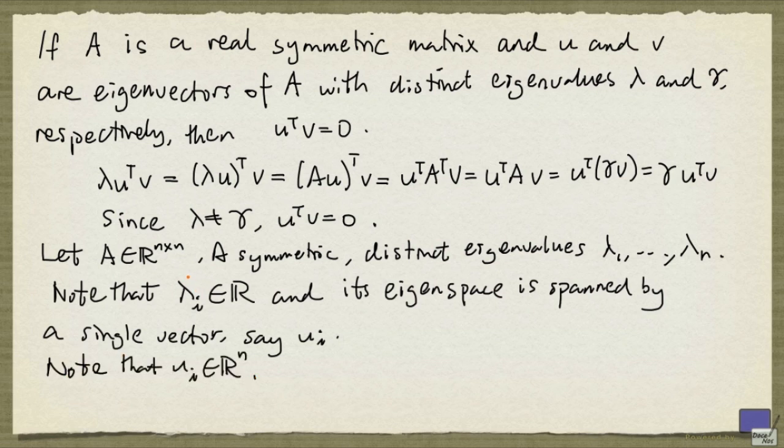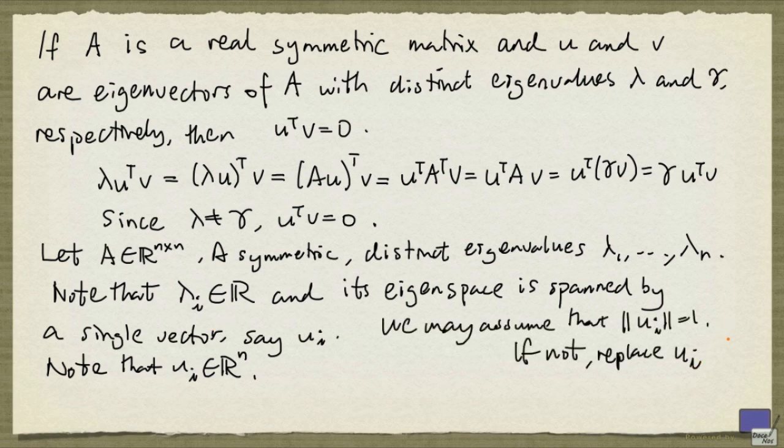Because the eigenvalue is real and the matrix A is real, these ui's are real. And we are going to assume that each ui is a unit vector. If not, we can replace ui by 1 over the norm of ui times ui. This step here is called normalization.